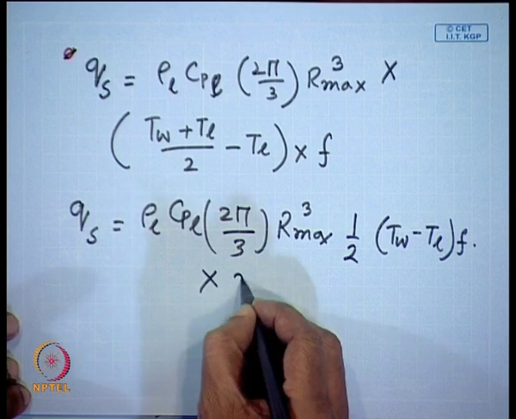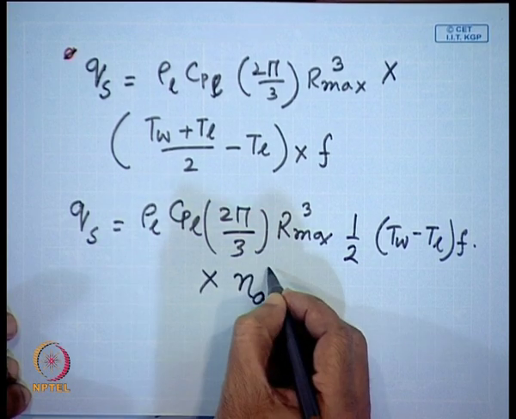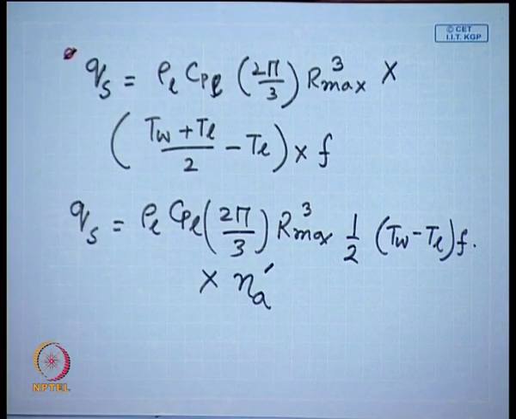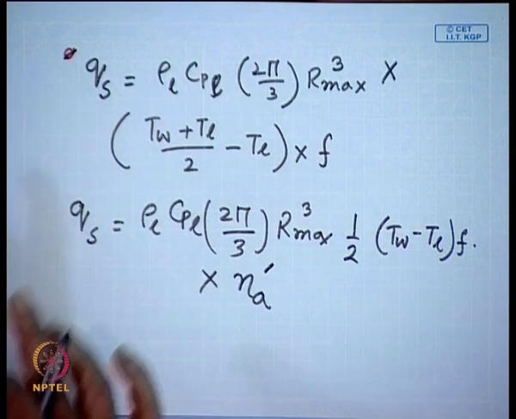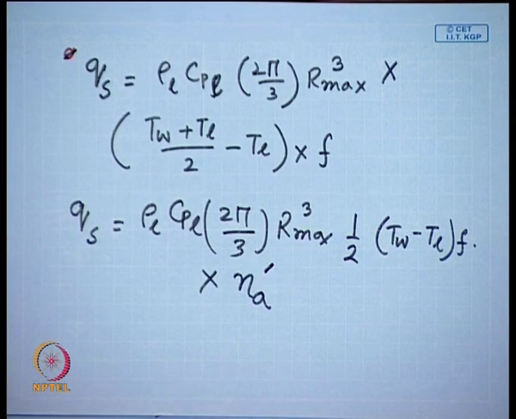With some such factor, we can multiply to get it over the entire surface, N A dash, which gives us the density of the nucleation sites. With this we have an estimate of the heat flux due to boiling.